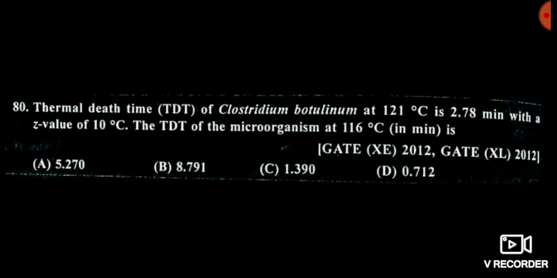Now friends, see another question. Thermal death time is given and Z value is 10 degrees centigrade, also given, and the thermal death time at 116 it is asking.